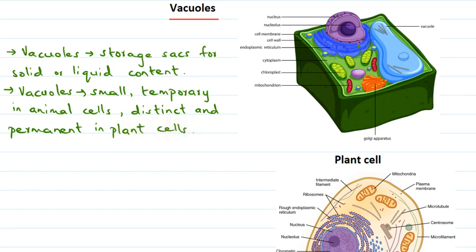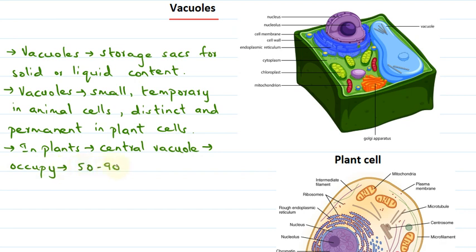The central vacuole of some plant cells may occupy 50 to 90% of the cell volume.